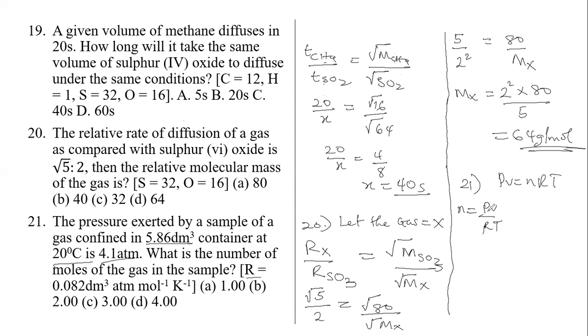So therefore, we have P, that is 4.1 atm, and the volume is 5.86 dm cube. R is 0.082, and the temperature is 20 degrees C. So you convert it to Kelvin, that's 293 Kelvin.